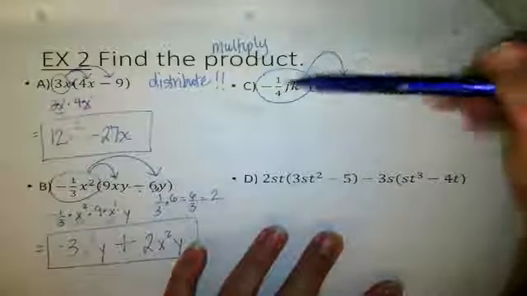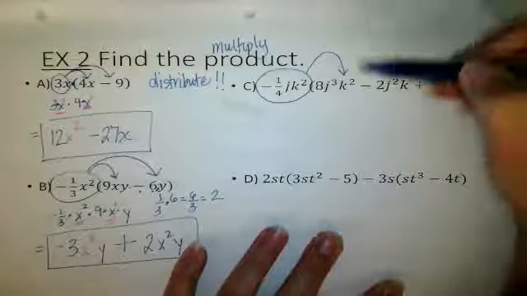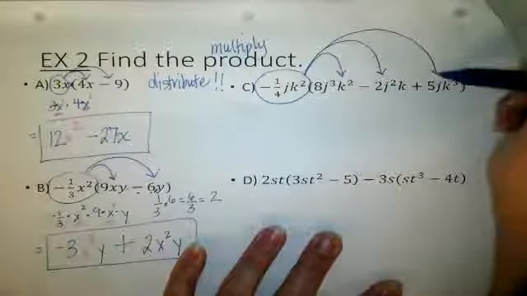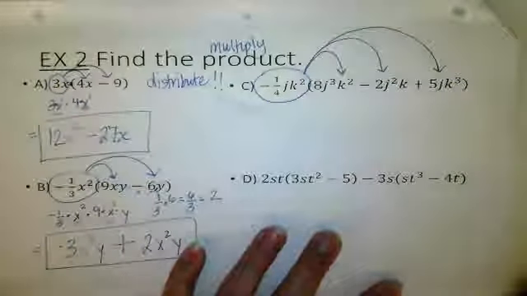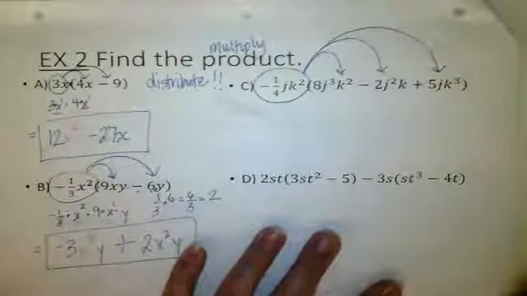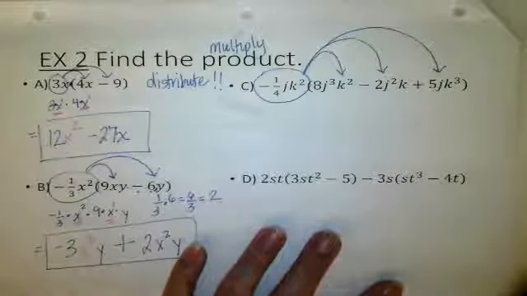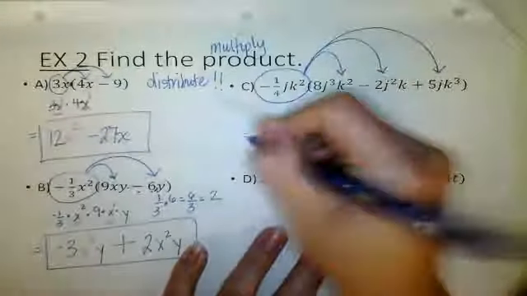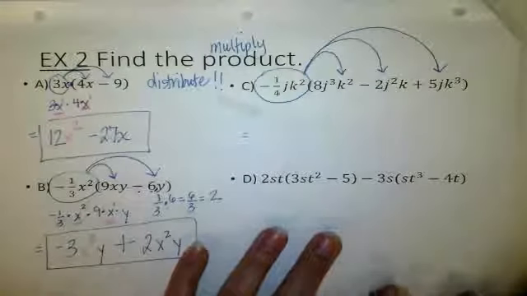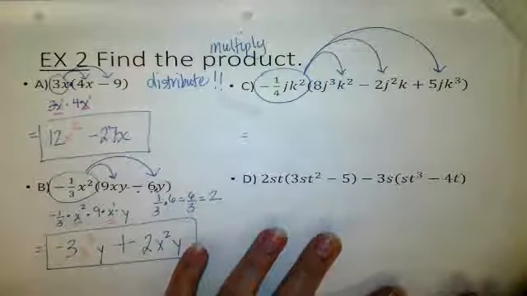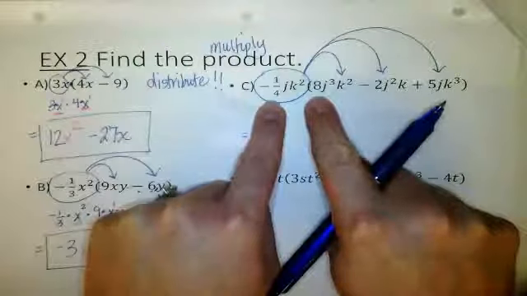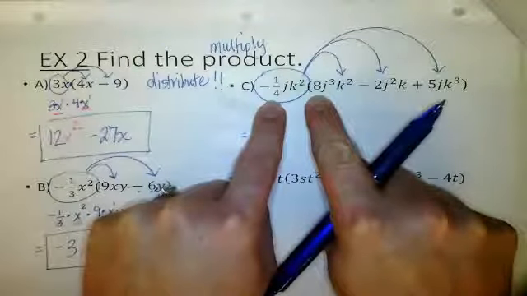I'm going to take negative 1/4 jk squared and distribute to all 3 terms. We're going to multiply the numbers together, multiply the j's, and multiply the k's. So I'm going to ask you, what is negative 1/4 times 8?